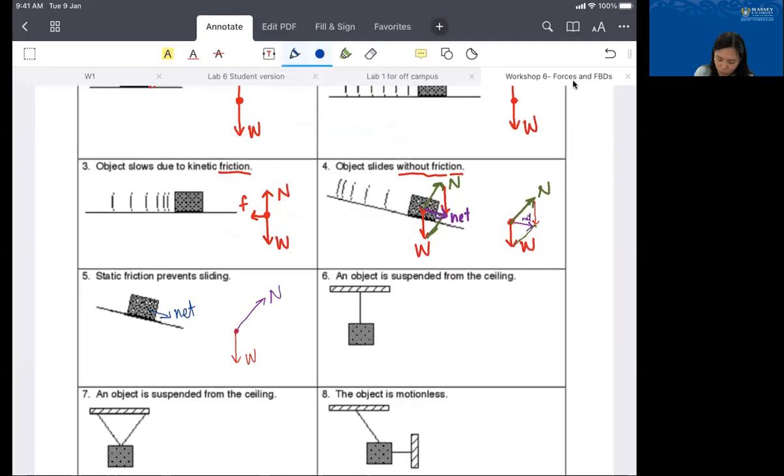So the frictional force should be opposite the direction of the net force. So the frictional force should be along the slope, but upwards, towards uphill of the slope. Right. Does that make sense?